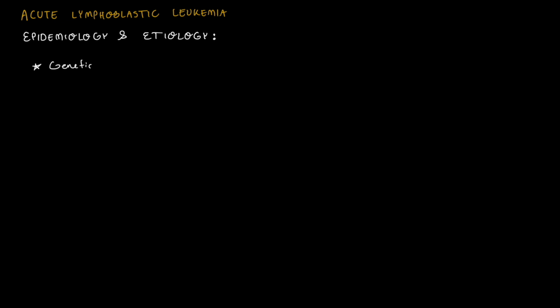So, why do people develop acute lymphoblastic leukemia? There are a lot of factors that can participate in the development of this disease. There is evidence that genetic translocations are one big reason for the development of leukemia.